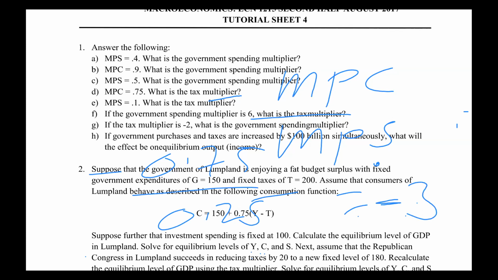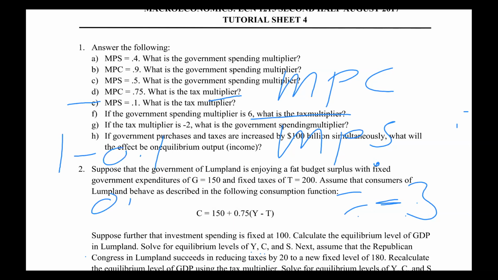That's your tax multiplier. Then the second question as well, the MPS is 0.1. When MPS is 0.1, what does it tell us about the MPC? Then we can say 1 minus 0.1 to get 0.9 as our MPC. Is that clear? It says MPS is equal to 0.1.